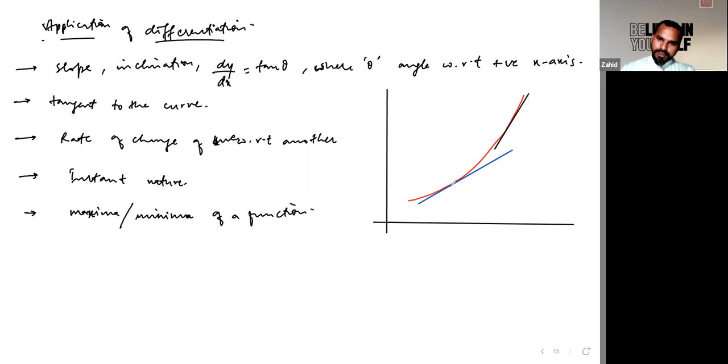Now, to calculate the inclination of this line at this given point, just draw a horizontal line to it like this. So the inclination from this point to this point will define you slope tan theta at this given instant. Similarly, for this point, draw a horizontal line. So the inclination of this line from this point to this point will be the slope, tan theta. Is it clear?